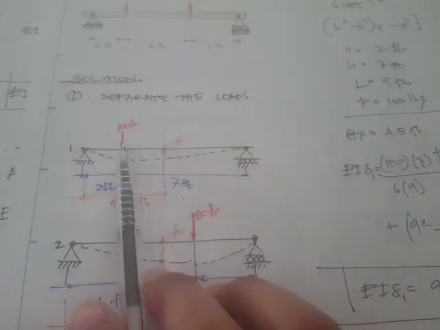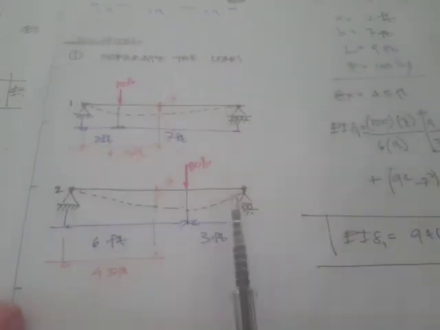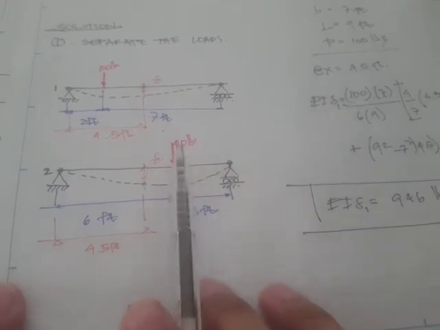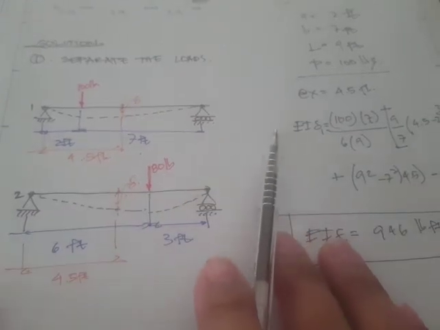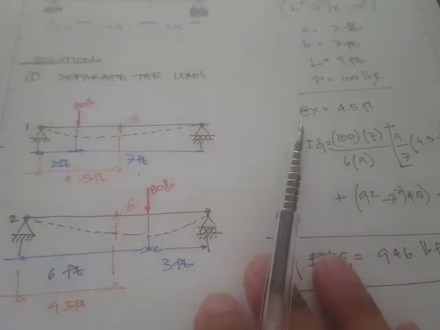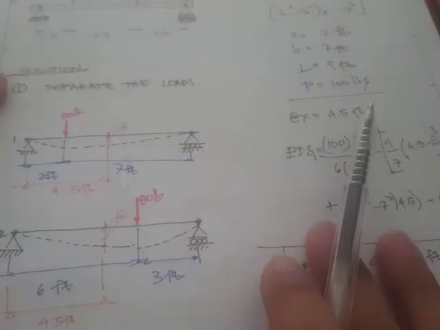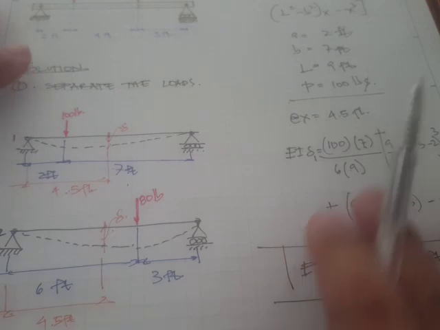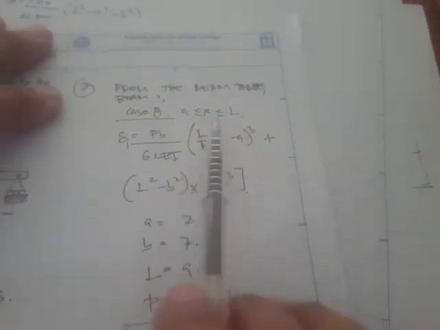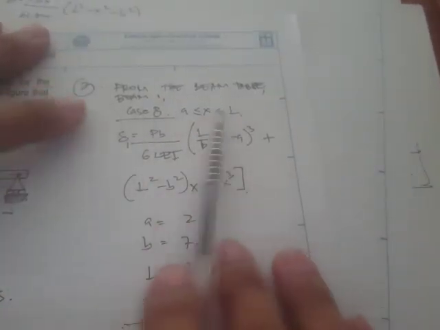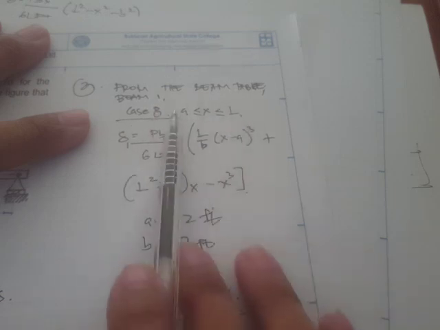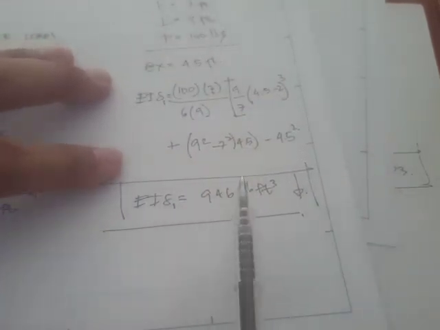If we can find the deflection produced by this concentrated load and the deflection produced by the other concentrated load, then we can just add that up, and that's going to be the total deflection at that midspan. Okay, so after that we went to the table and selected the case and also the conditions if applicable. Then we just substituted all the values and obtained this magnitude, 946.